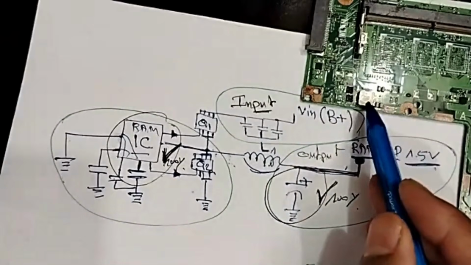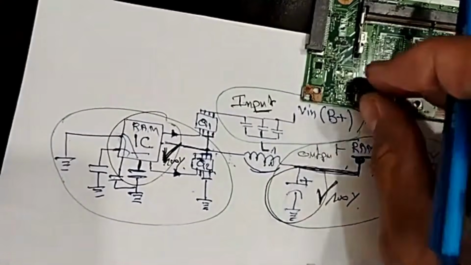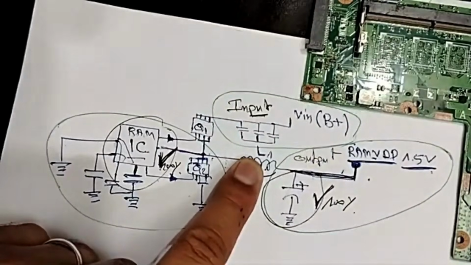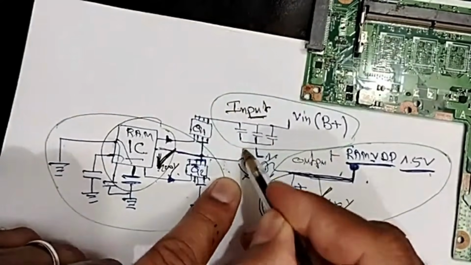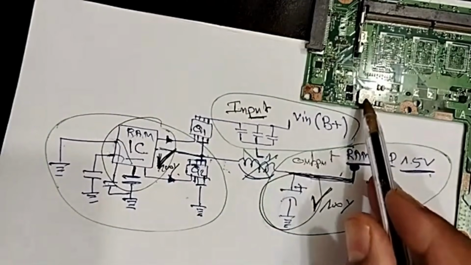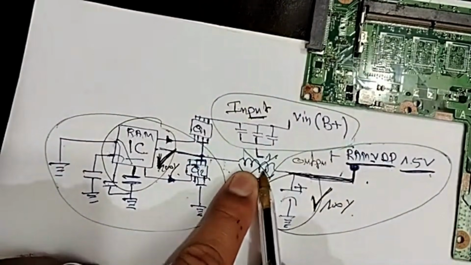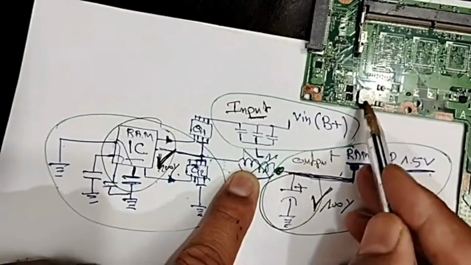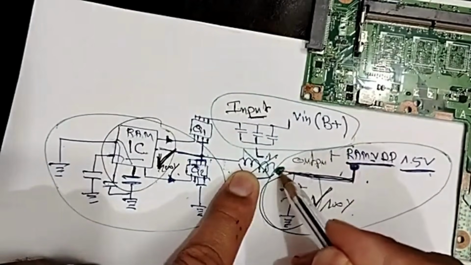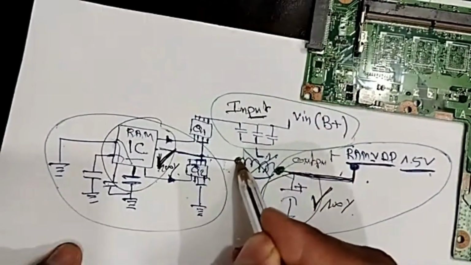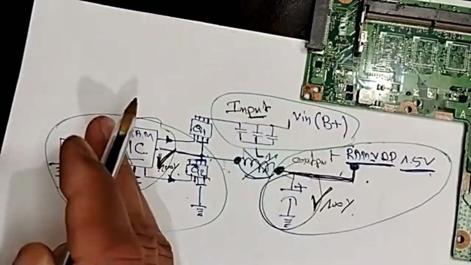Desolder this one, remove it like this, put it here. Okay, this one now is removed. Let's assume that this one is removed. Okay, nice. Now, once you remove the inductor here, the short will be in this side. Once you remove this one, you will find the short just in this side here or in this side here.